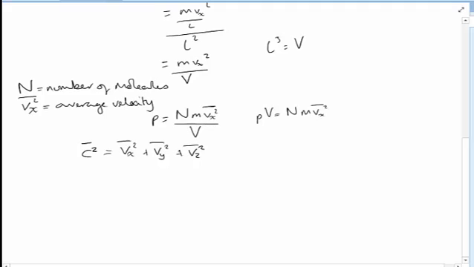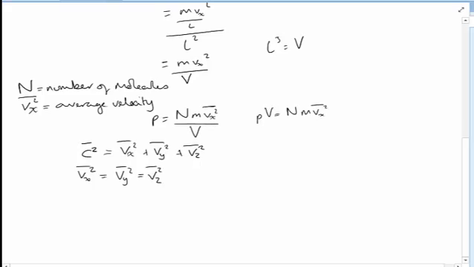Now, the next assumption that we make to make our lives a little easier is that there shouldn't be any difference between the velocities in the x, y or z direction, because why would there be? So we say that Vx squared bar is equal to Vy squared bar is equal to Vz squared bar.